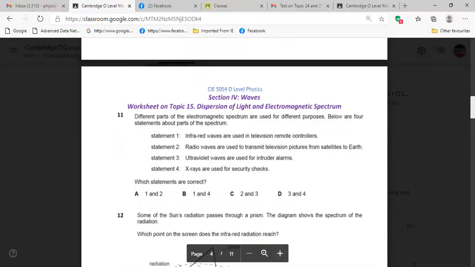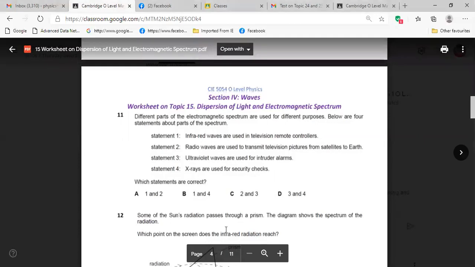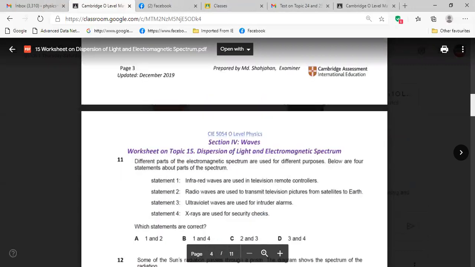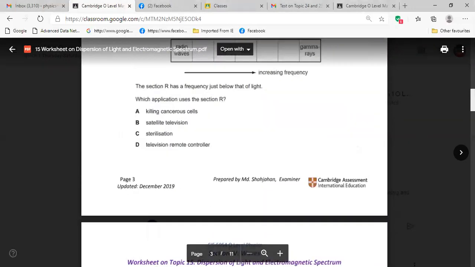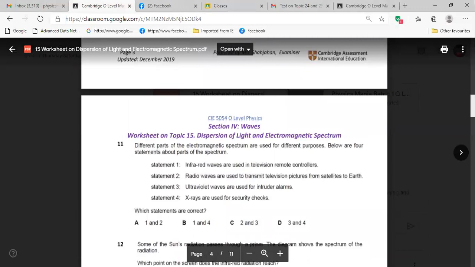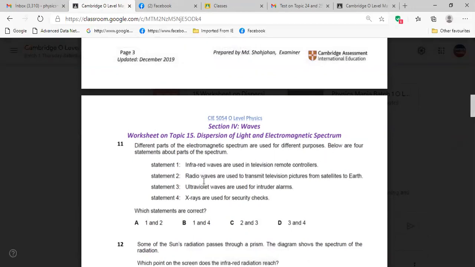Yes, where it is written you got it, but in the Cambridge learning outcomes it's not written directly. So how do you understand it? In the outcomes, it's written that it's for detecting cracks in metal. So it means it's like security checking for metals, to see if there is a crack or not. Okay. Then why are we not taking statement 2?